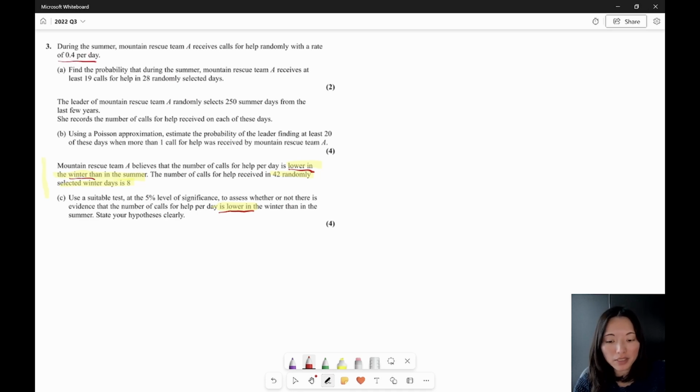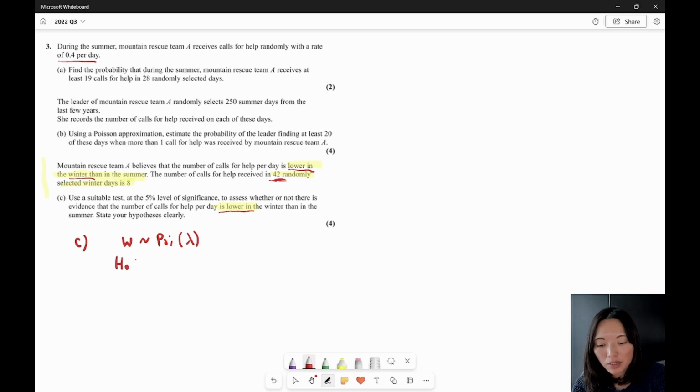But what about in part C? In part C, we're looking at 42 random days. Again, we need to be adjusting the mean in the parameter in the Poisson distribution. Let's do part C together. I'm going to name a new random variable, W for winter. And I'm going to say that W follows a Poisson distribution with mean or parameter lambda. So let's work out what lambda should be based on the 2 hypotheses.